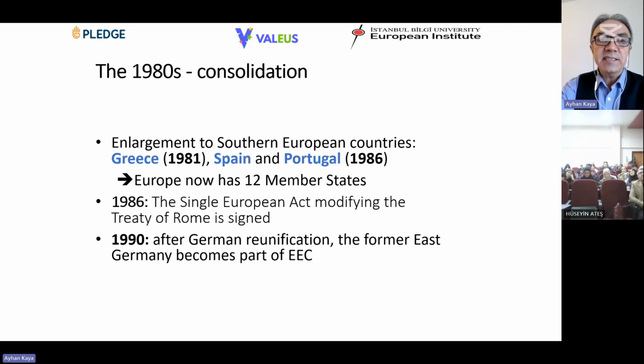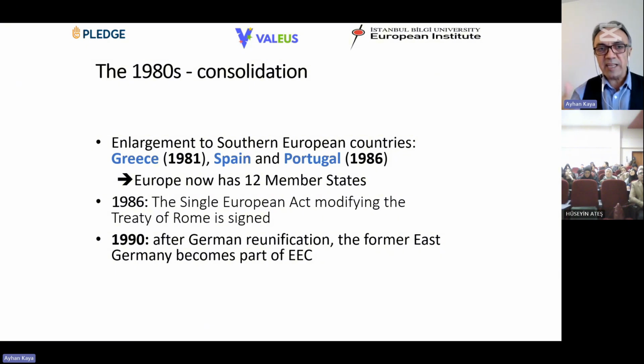In 1986, the Single European Act was introduced in a way that modified the Treaty of Rome a little bit. And then starting from 1986, we start to talk about European identity. So the economic community was there already, intact, but then it was not enough. People started to talk about a cultural European identity, a societal European identity.